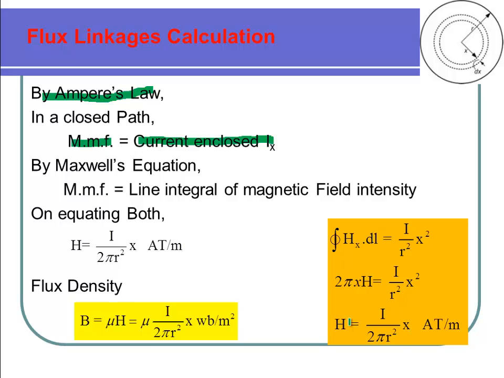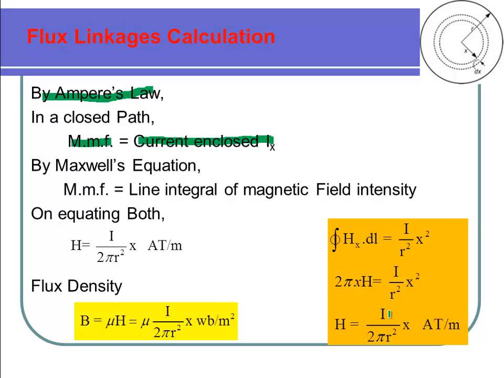That means the magnetic field strength depends upon the current flowing through the conductor in the circular path as well as the radius of the conductor. Since we are considering a small circular path, the x term appears.